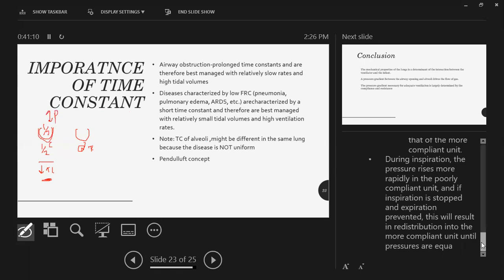And if inspiration is stopped and expiration is also prevented, what will happen? This stiff lung will redistribute this air into the more compliant unit, until the pressures are equalized, because here there is more pressure, here there is less pressure. Got my point? This is the importance of time constant.